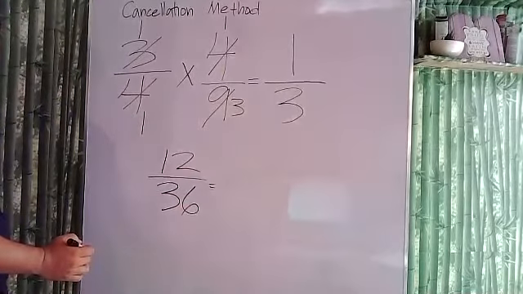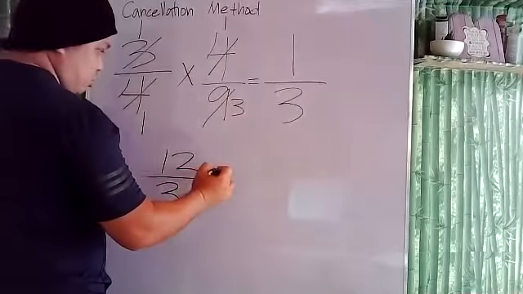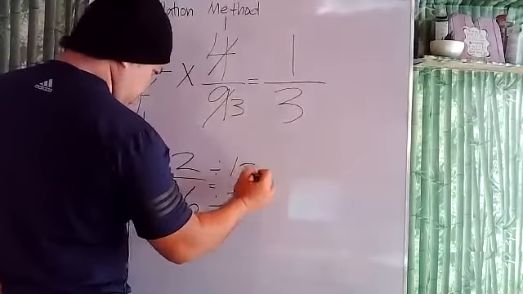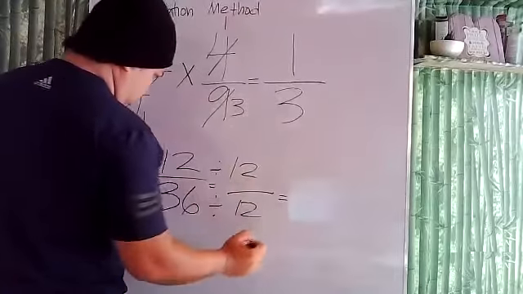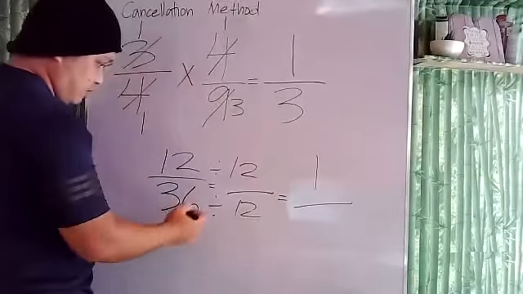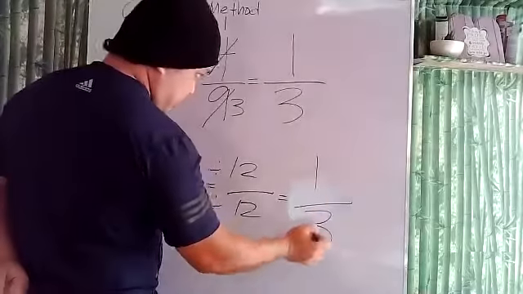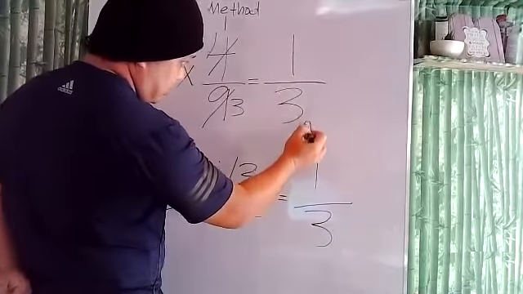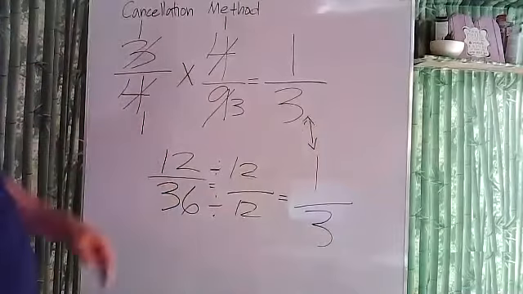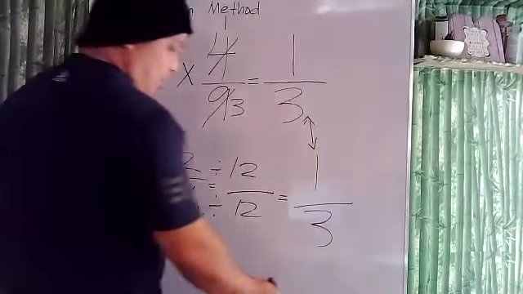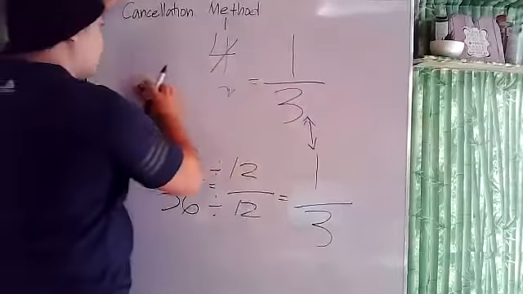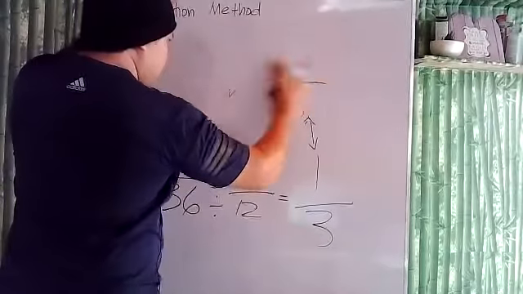You can divide both by 12. 12 divided by 12 is 1, while 36 divided by 12 is 3. Same answer, right? But here's the long method, and here's the cancellation method. Let's have some more examples using the cancellation method.